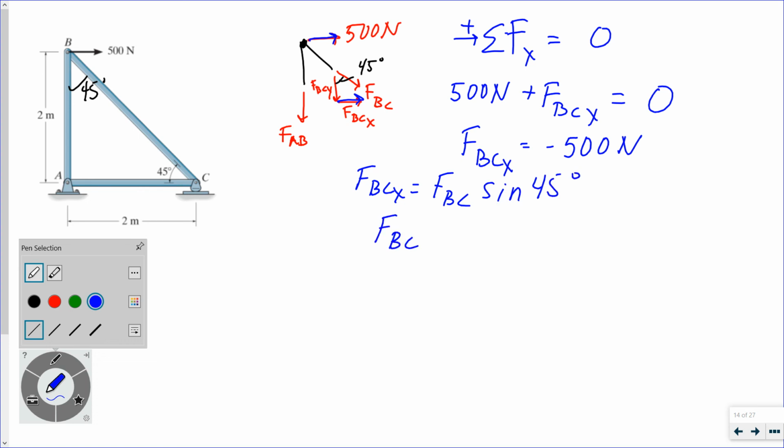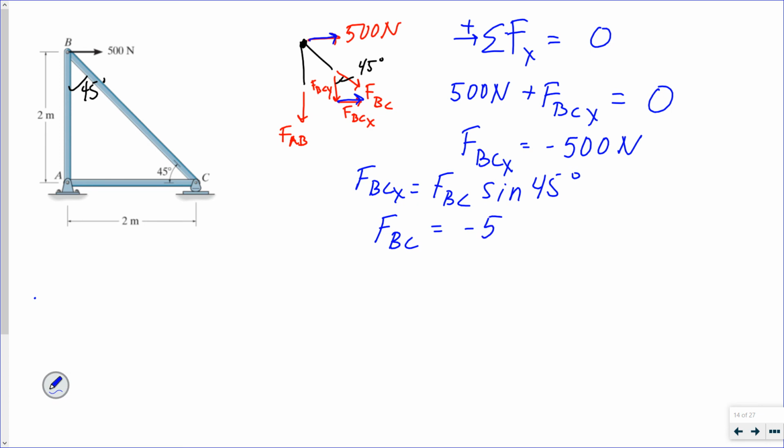My force in member FBC is negative 500 newtons divided by sine 45 degrees. Break out your calculators. You should get negative 707 newtons.